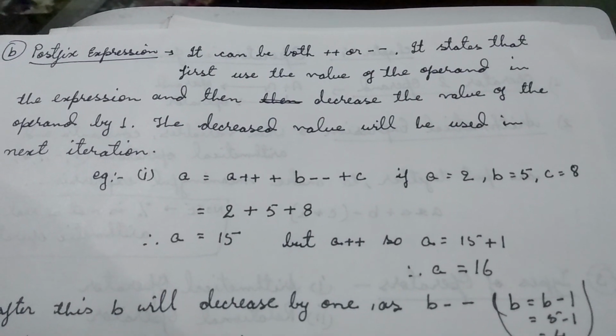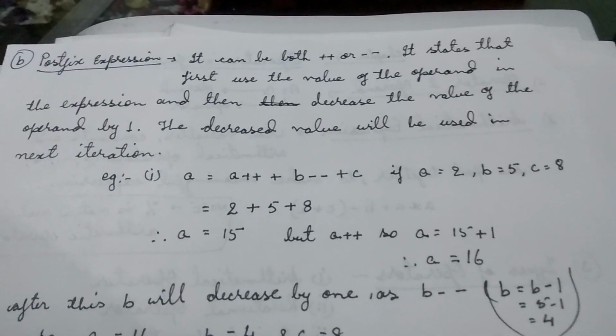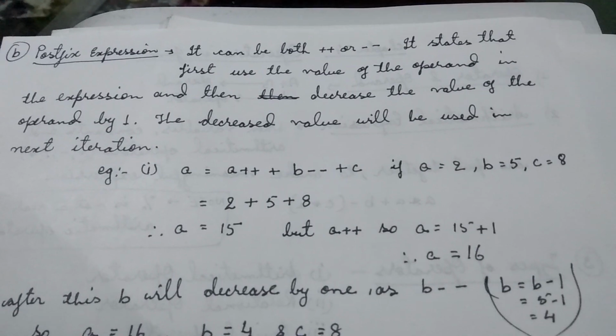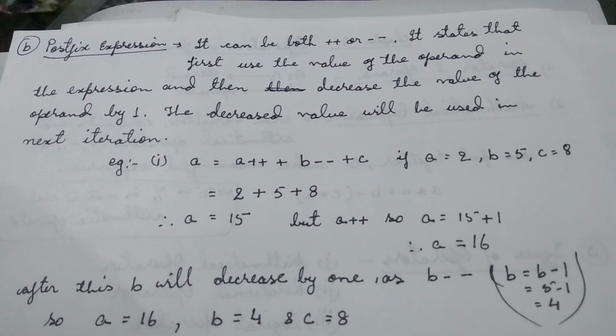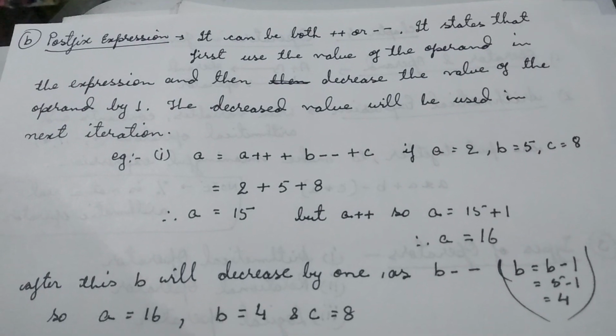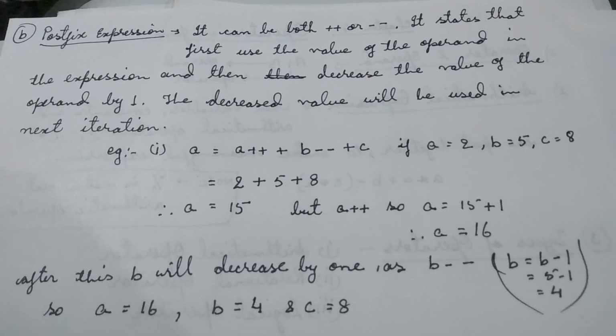The changed value will be used in the next iteration. It means if the same expression has to be evaluated the next time, it will use the decreased or increased value of the operand.